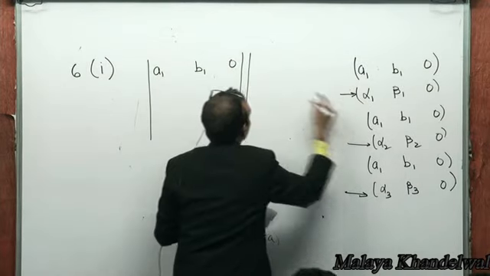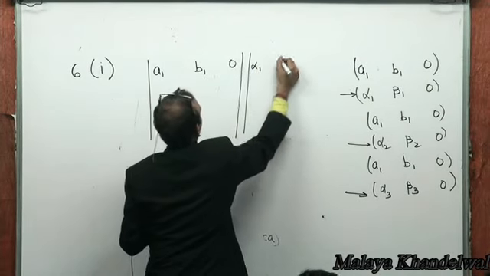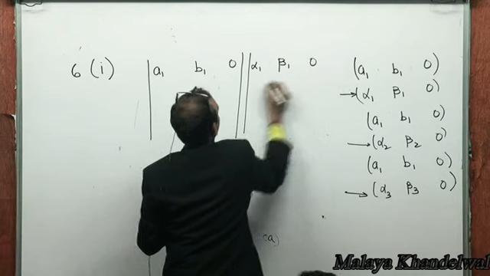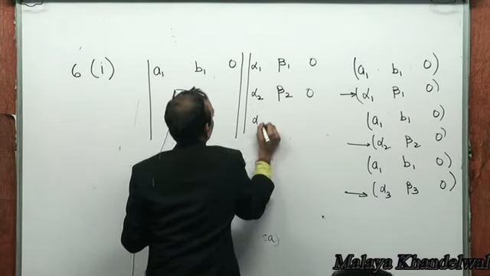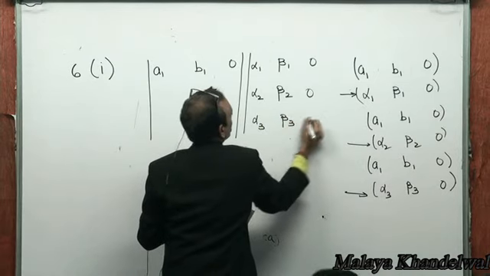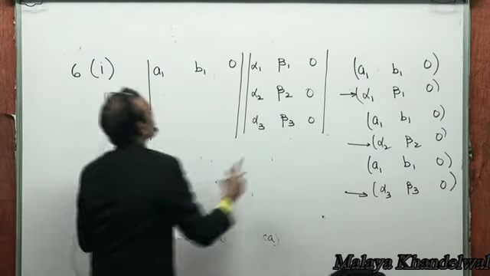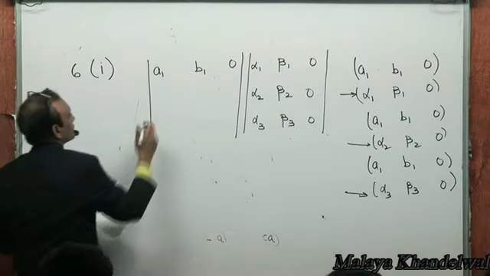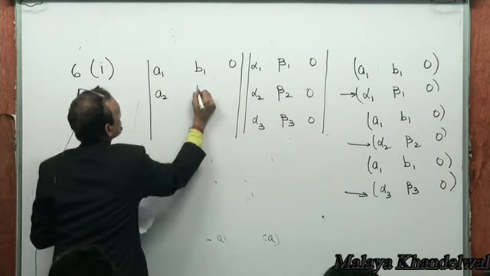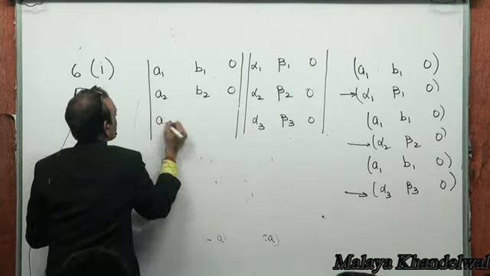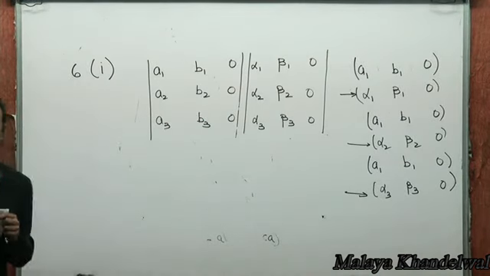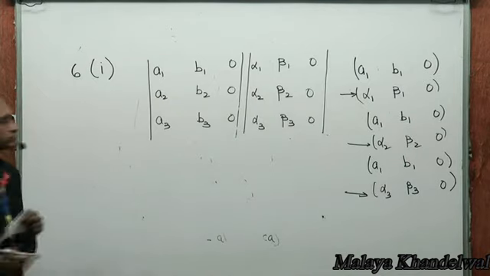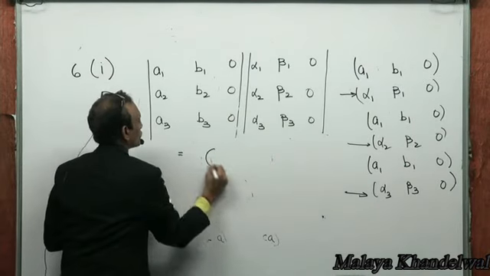To get these numbers, you would have alpha 1, beta 1, 0. And then extrapolate. Right? Which will be 0.